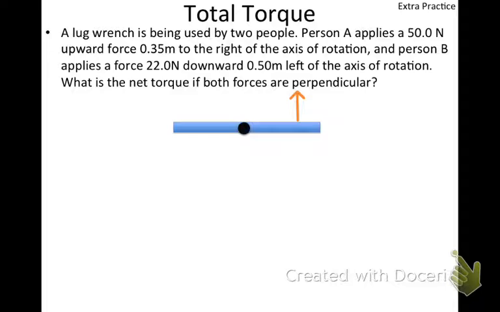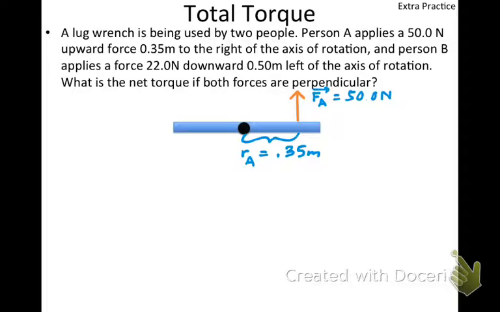Let's label that force exerted by person A, 50.0 newtons. And how far is this force from the axis of rotation? Well, it is 0.35 meters. You can call this the radius of person A.